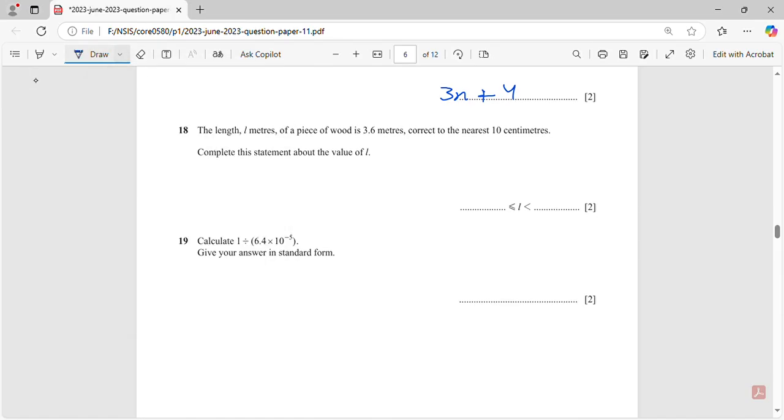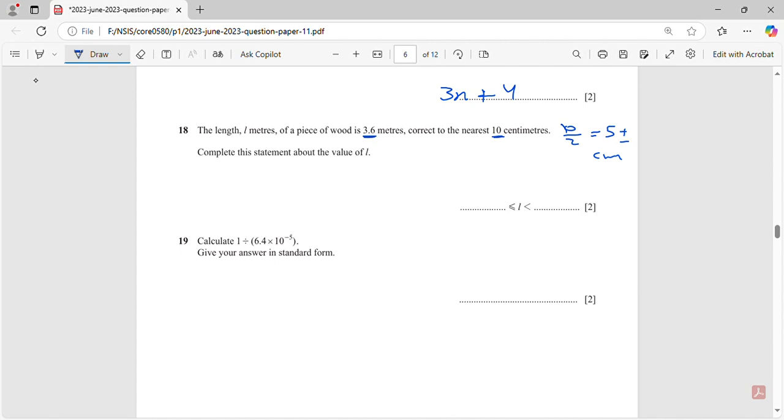Here, the length L meter of a piece of wood is 3.6 meter, corrected to the nearest 10 centimeter. Complete this statement about the value. Since it says to the nearest 10, I take the 10 and divide it by 2. What does that give me? 5. So once I add 5 and once I subtract 5, but this is in the case of centimeters. He gave me 3.6 meter, so I have to convert from meter to centimeter.